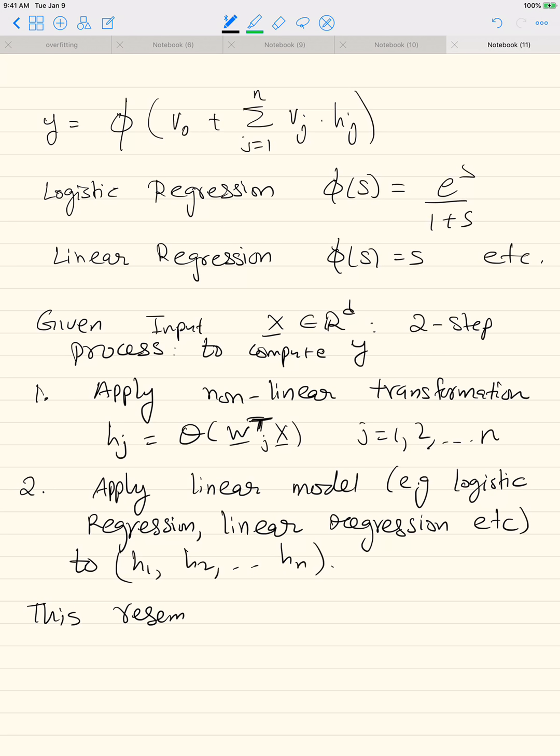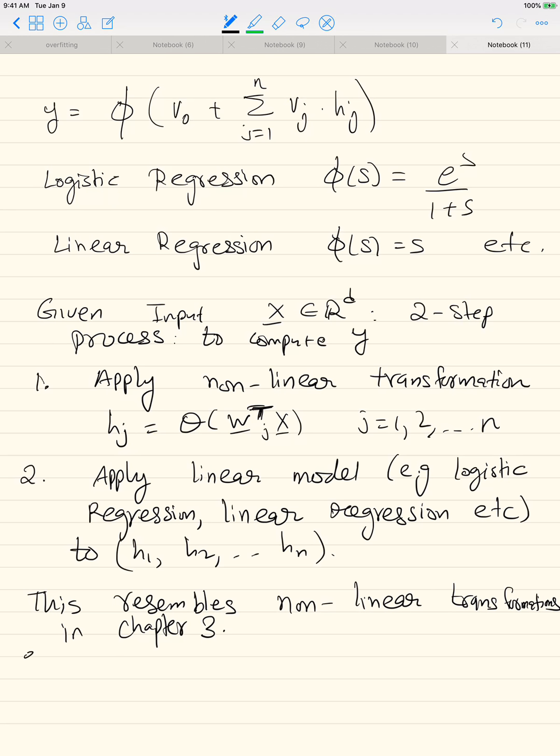So this resembles something we studied in chapter 3. This resembles the nonlinear transformation approach in chapter 3.